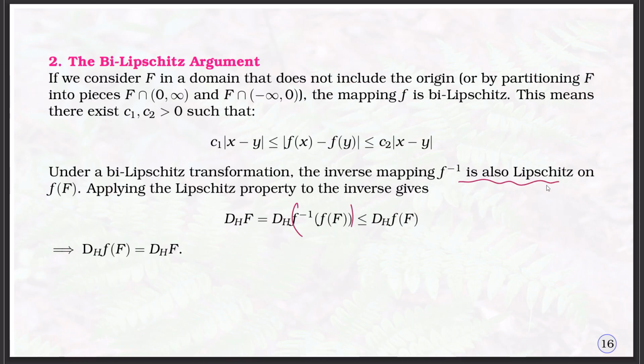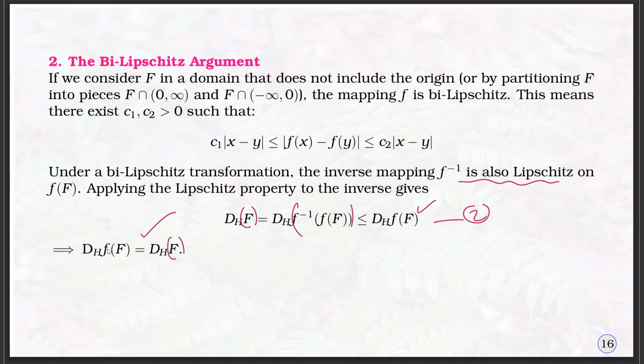So if you find the Hausdorff dimension of the image under a Lipschitz function, it is less than or equal to dimH of the original set. So you can take this as dimH of E less than or equal to dimH of f of E. Therefore from 1 and 2 we arrive at this result.